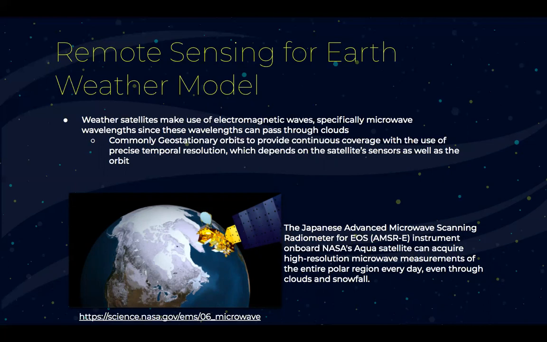Precise temporal resolution also depends on the satellite sensors as well as the orbit. Specifically, the Japanese Advanced Microwave Scanning Radiometer on board NASA's Aqua satellite, shown in the picture below, uses microwave wavelengths to get high-resolution microwave measurements of the whole polar region, even if the clouds may seem to obstruct the vision of the spacecraft.